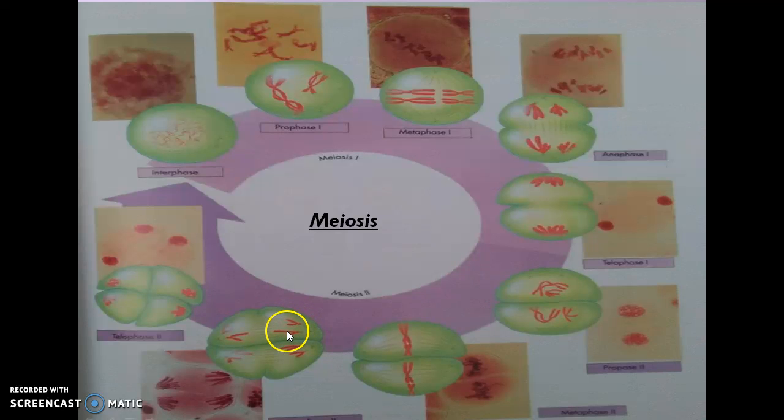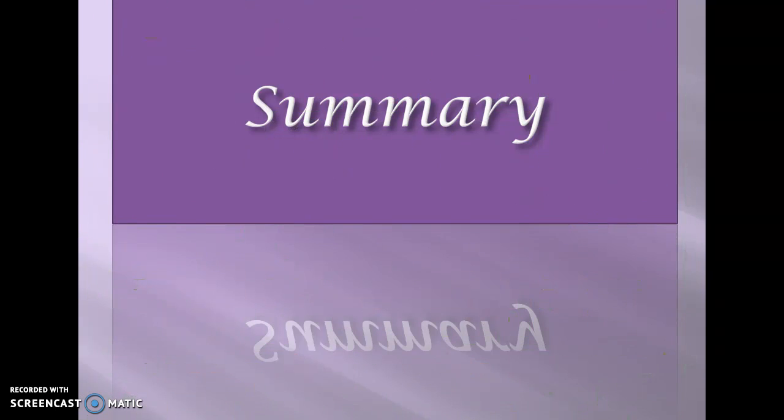Here there is separating apart in anaphase 2, and in telophase 2, here the cells are divided to give 4 cells. They are not identical in their genetic materials, and after that cytokinesis happens, and after that each cell enters again into interphase, which contains the G1, S, and G2.